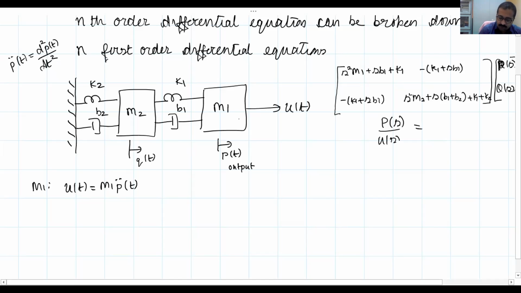So I can write M1 P double dot t plus K1 into P minus Q plus B1 into P dot t minus Q dot t.